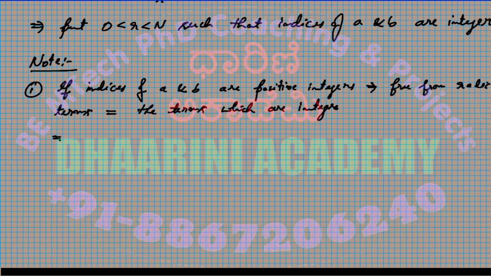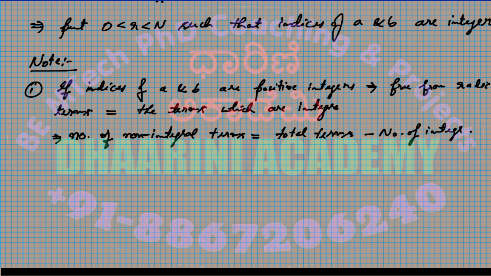So this itself can be used to further calculate the number of the non-integral terms, which equals the total terms minus the number of integral terms. Total number of terms is very well known. That's the rule number one.